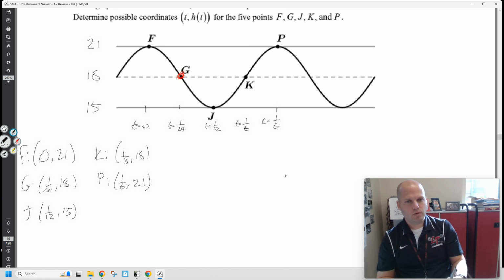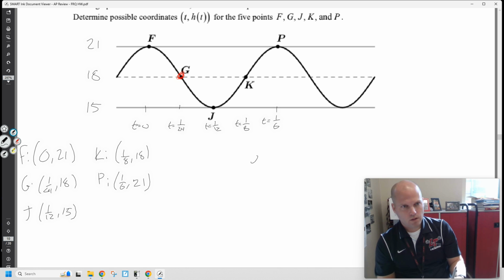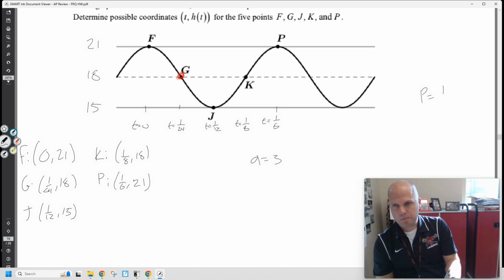My amplitude is 3. My period being 1/6. Period equals 2 pi over B, so B equals 2 pi over the period. So if my period is 1/6, I'm going to have 12 pi.